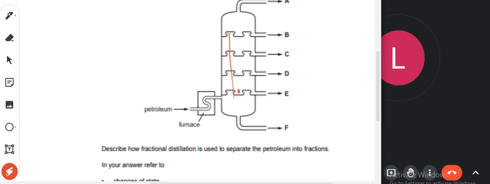So as the vapor rises, it passes through different layers. Each layer is kept at a particular temperature. If it is a temperature at which the vapor can condense, in other words, turn to liquid, it condenses and flows out. As you rise up the chamber, the temperature decreases.